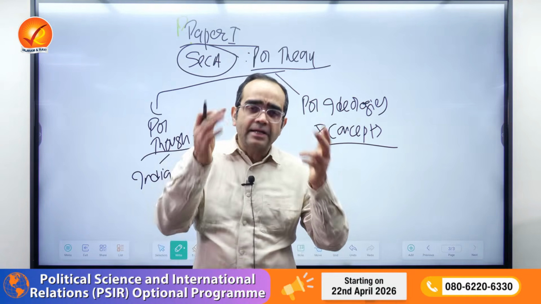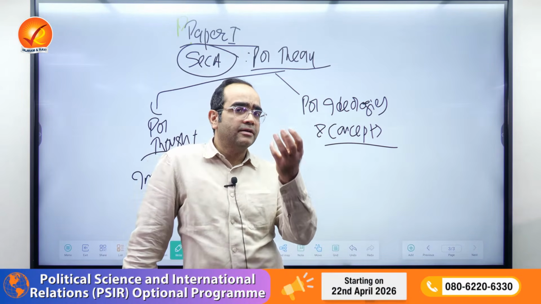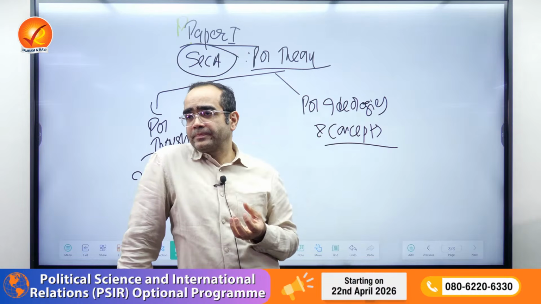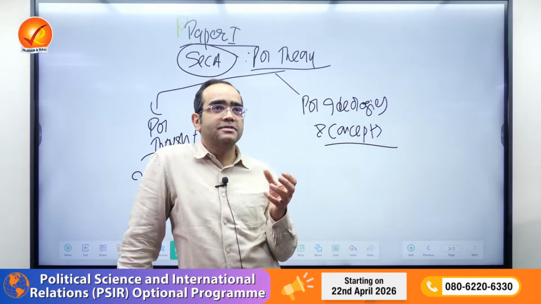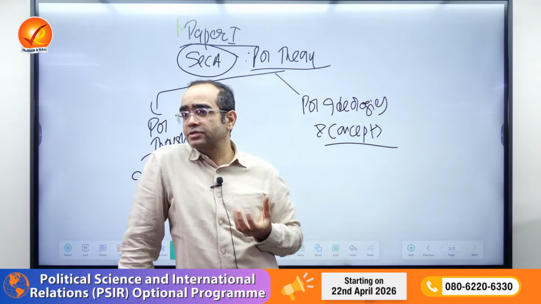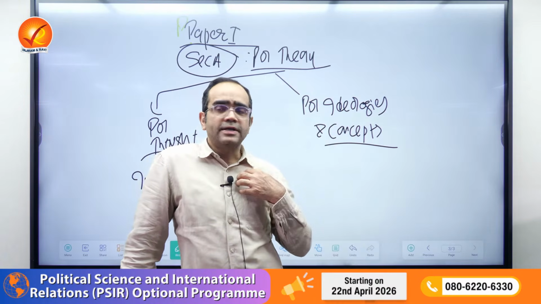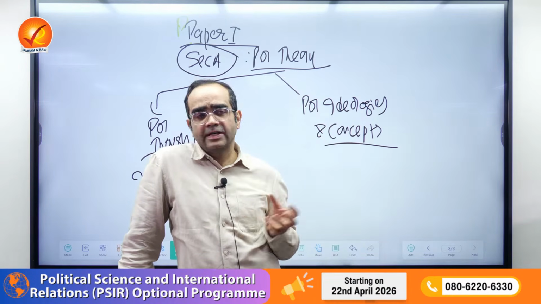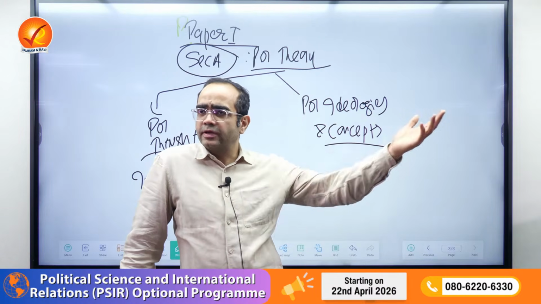So political ideologies. What are ideologies? Ideologies are basically belief systems. Have you heard of Bhagat Singh? Bhagat Singh is called Shahid-e-Azam, Prince of Revolutionaries. Why did he sacrifice his life? When he threw the bomb in the Central Legislative Assembly, he could have run away.